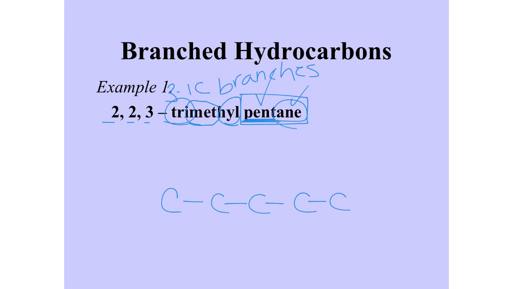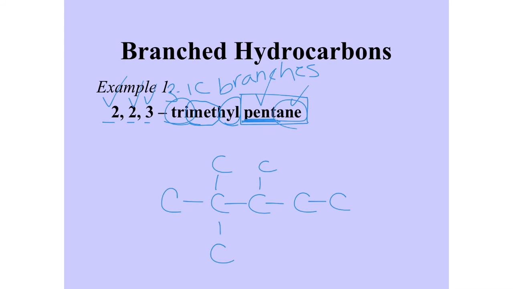And then the numbers tell me where they come off of. So off of carbon 2, I have a methyl branch. Off of carbon 2, I have another methyl branch. And then off of carbon 3, I have a 3rd methyl branch. And it doesn't matter if you pointed that one up or pointed that one down. So that's the methyl, methyl, methyl, which we would call trimethyl.